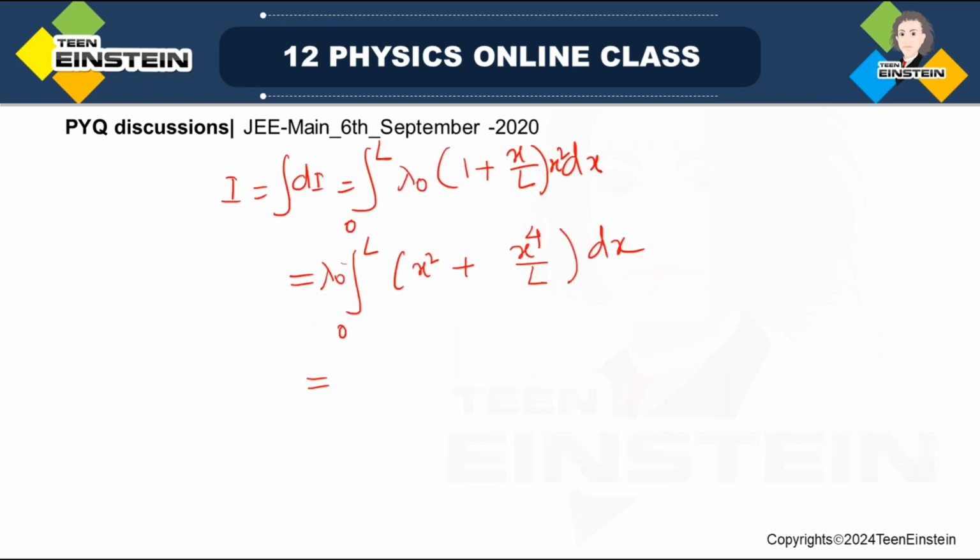Sorry, this is lambda 0 L cube by 3 plus lambda 0 L cube by 5. I just cancelled one L from both numerator and denominator. That is what I have done here.